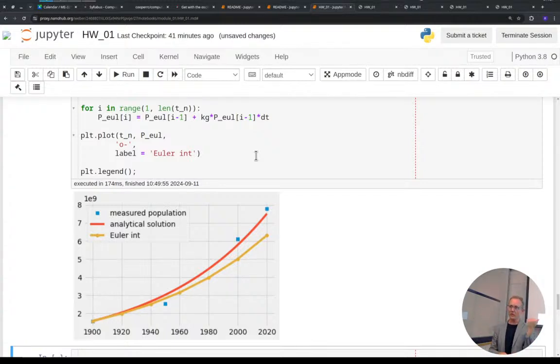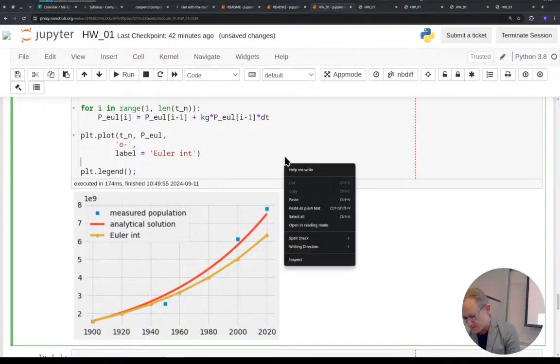But what we're looking at with numerical methods is convergence, that we made an approximation that the slope from here to here is constant. But if we make that smaller, now the slope from here to there would be constant. And if we make it even smaller, then the slope is only constant for smaller and smaller intervals.